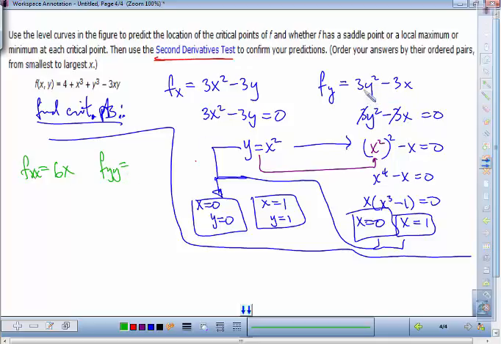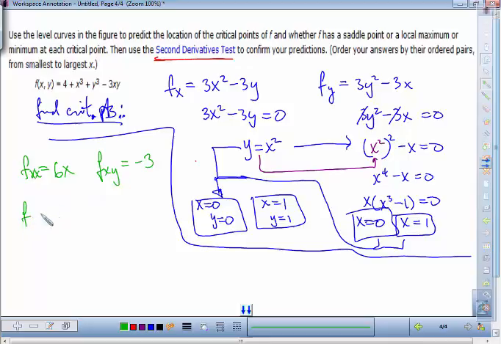fyy, maybe I should write it like this. So fxy, I want to take the derivative of fx with respect to y. This is 3x squared is constant. I have a negative 3 times y. So that's just a negative 3 after you take the derivative with respect to y.